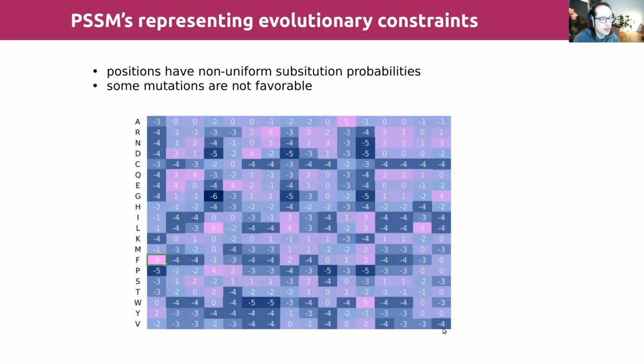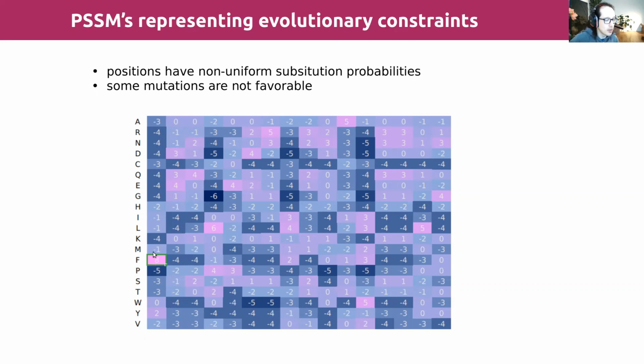We have things like PSSMs, position-specific score matrices, that can be used to represent evolutionary constraints. If you remember, we have columns here that correspond to positions in a peptide or a protein, and amino acids listed as rows. The values in these matrices represent log odds probabilities of these particular substitution events relative to the base mutation rate, and they differ by position.